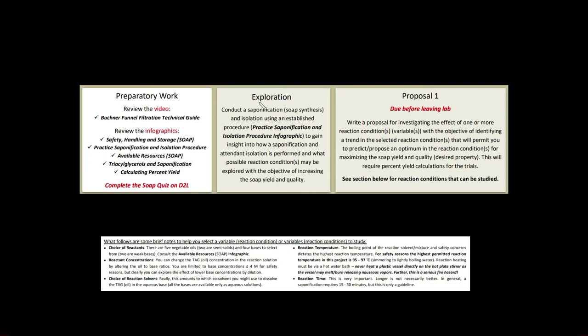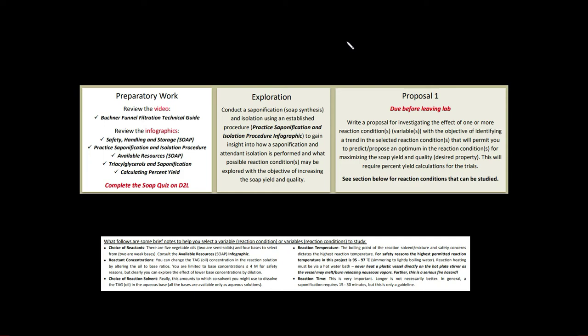So basically this exploration box, I'm just going to read it for you. It's conduct a saponification, so soap synthesis and isolation, using an established procedure. And you can find that in the practice saponification and isolation procedure infographic. This is to gain insight on how a saponification and isolation is performed and what possible reactions may be explored with the objective of increasing the soap yield and quantity.